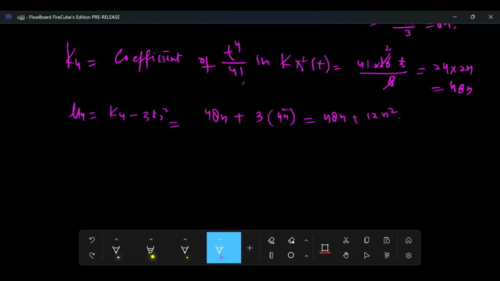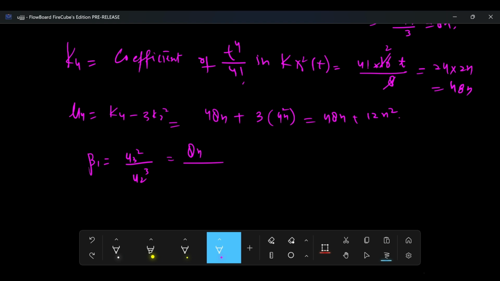So now what's my beta 1? Beta 1 is mu3 square upon mu2 cube, the coefficient of skewness. What's mu3? Mu3 we already know, that's 8n.